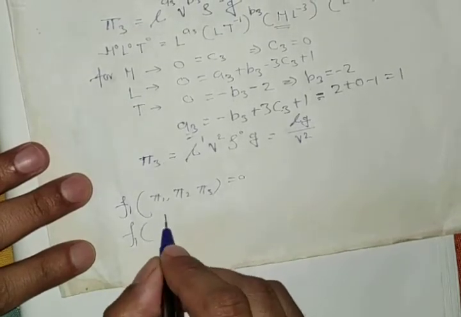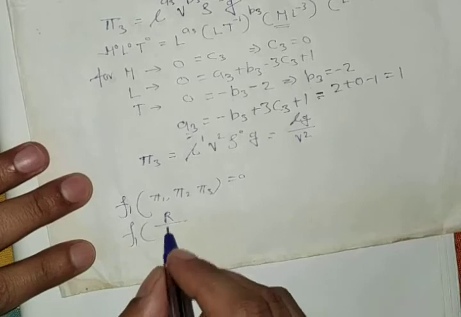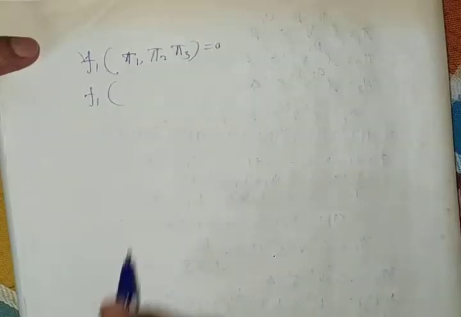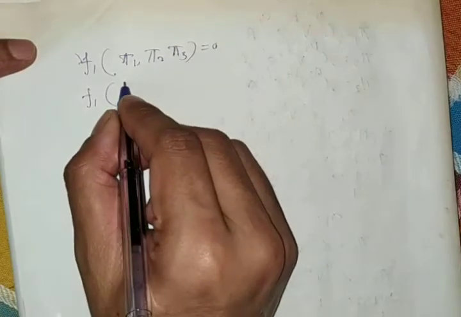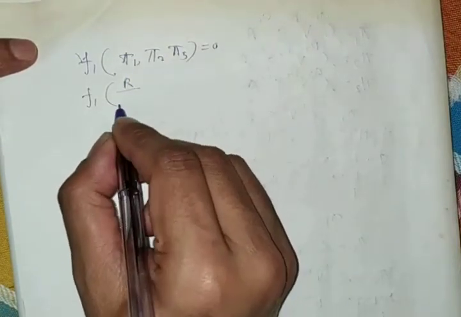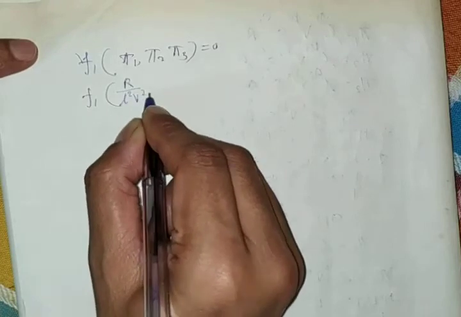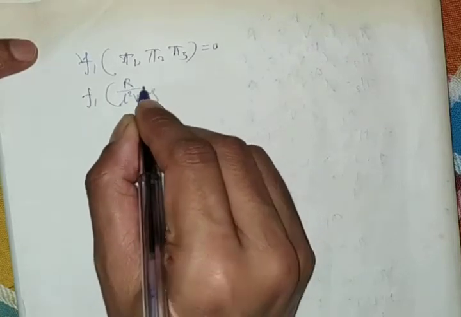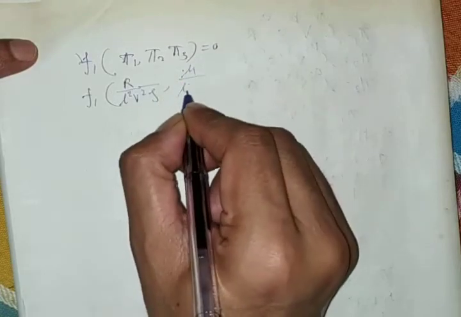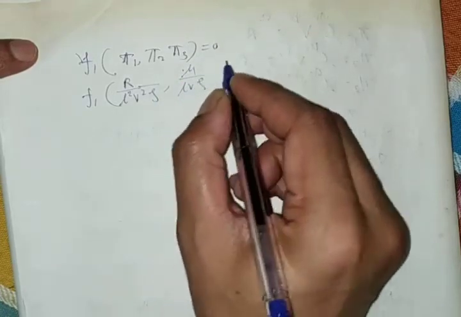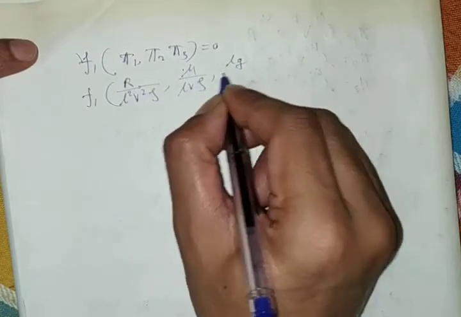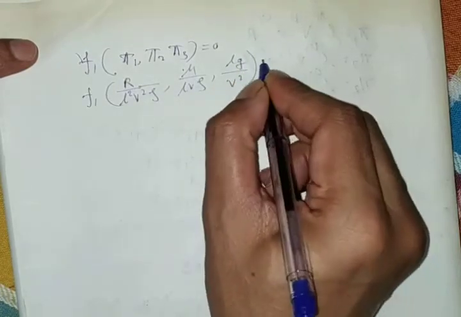So pi 1 value is R divided by L squared V squared rho, and pi 2 is mu divided by L V rho, and pi 3 is L g by V squared, which is equal to 0.